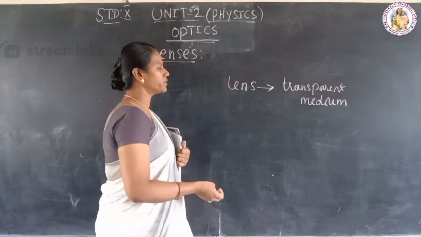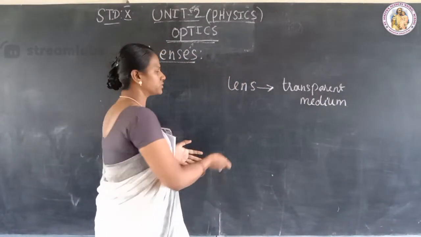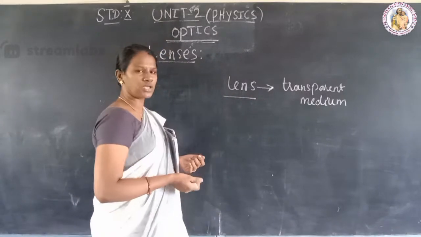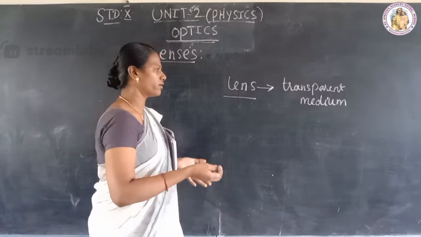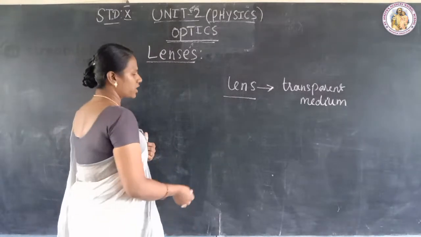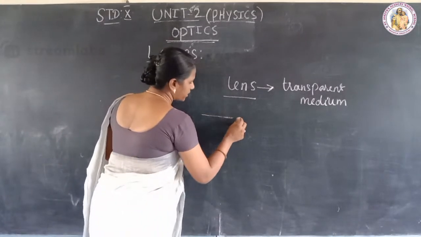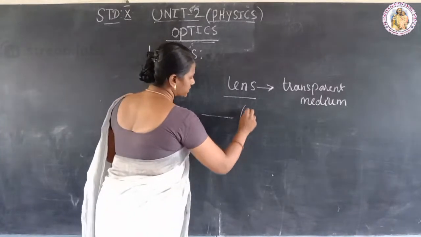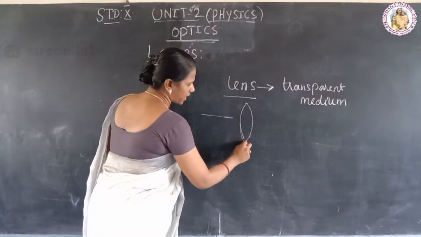So what happens if the light passes through the lens? Does the light get reflected or refracted? Yes, it gets refracted. Why? Because the light from the air is going through the lens, and the lens is made of glass.